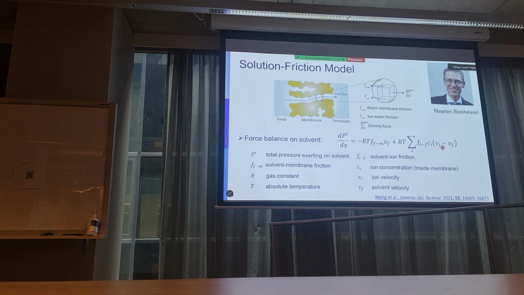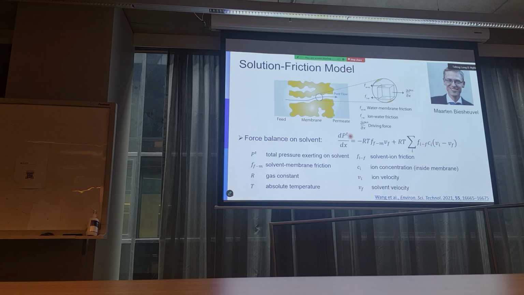Whenever you have relative motion between two components, you have friction. This is the definition of friction, relative motion. For example, with the no-slip boundary condition, the surface is zero, doesn't move, and the fluid is moving. But if things are moving, as long as you have relative velocity, you will have some friction. So this is the friction between the ion and the water.